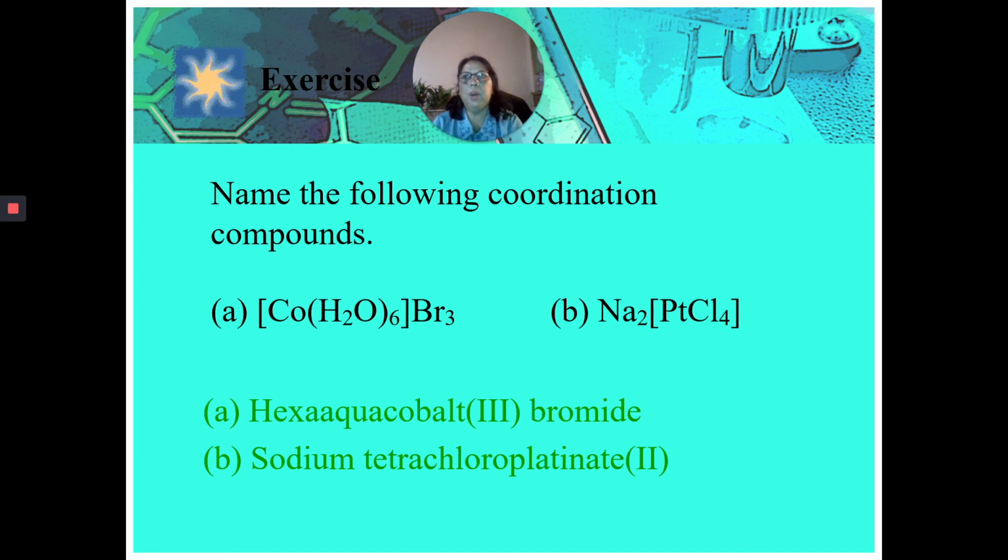Kumbaga sa drama or sa skit, presentation of the different players or the actors of the show. So I repeat, from time to time, you should have with you your periodic table, a sheet of paper, and your ball pen.